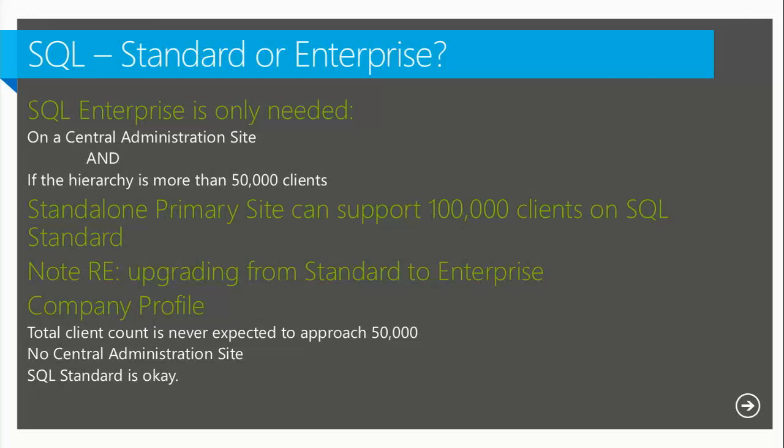Yes. The partition does not change. You're still limited to 50,000. So if you're going to be above 50, or you think you're going to be above 50, seriously consider doing Enterprise first. Just as a note, the company profile for my case study client, they were never even considering getting close to 50,000. No CAS necessary.